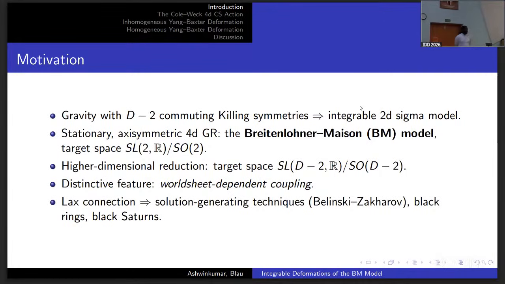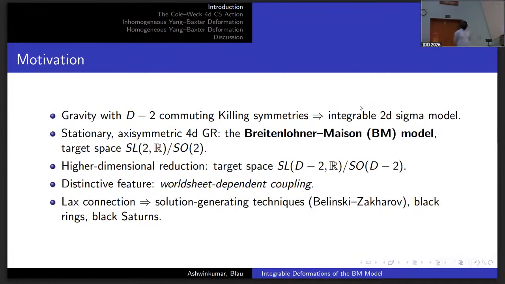So the fundamental idea is that in certain sectors of gravitational theories, such as the simplest example of 4D GR, there is a stationary axisymmetric sector that is integrable in the sense of being described by an integrable sigma model, say with target space SL2R mod SO2.